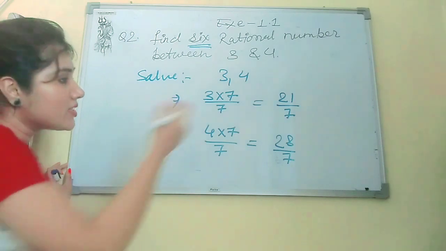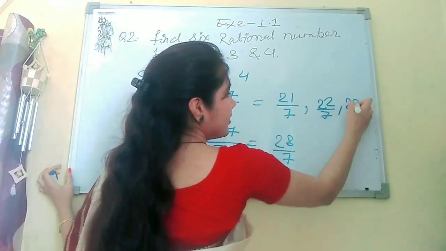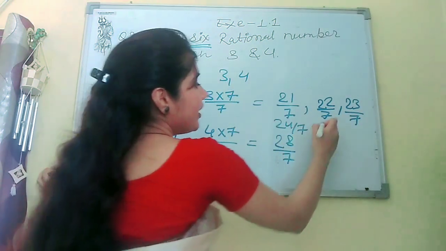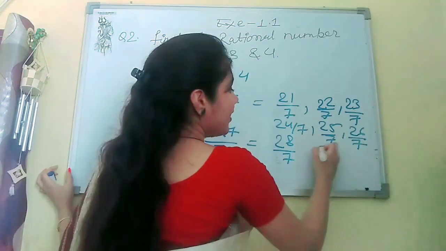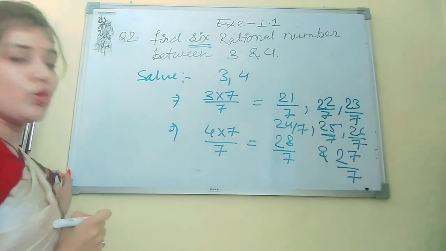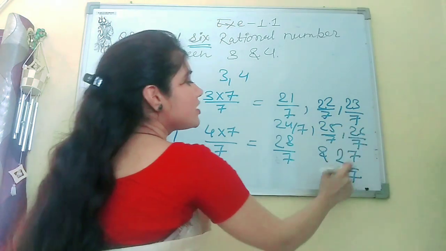So we just find the numbers between 21 by 7 and 28 by 7. How many numbers exist? 22 by 7, 23 by 7, 24 by 7, 25 by 7, 26 by 7, and 27 by 7. So these are 1, 2, 3, 4, 5, 6.